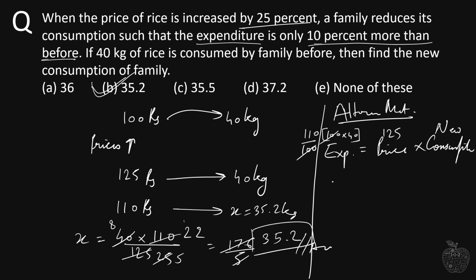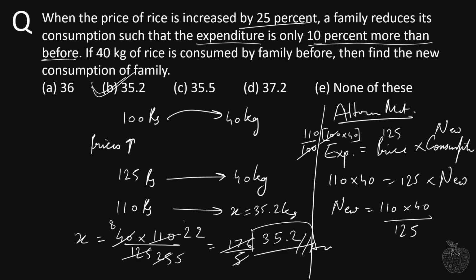So we have 110 into 40 is equal to 125 into the new consumption. So the new consumption will be 110 into 40 divided by 125, and we have already calculated this, and it gives us the answer 35.2, which is the same as before.